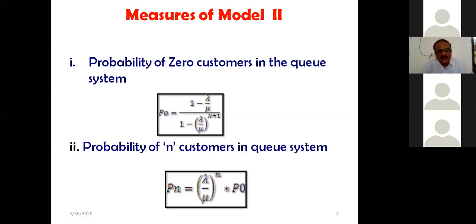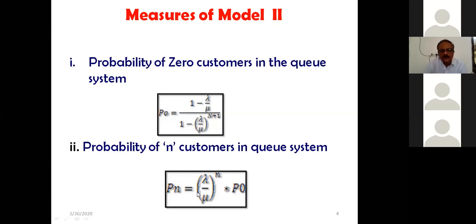Now the next measure of this model is the probability of n customers in the queue system. The meaning is that the exact number of customers in the system by that particular time we cannot find, but the probability of n equals 27 in that particular queue system can be found, and it is given by Pn equals lambda by mu to the power n multiplied by P0.